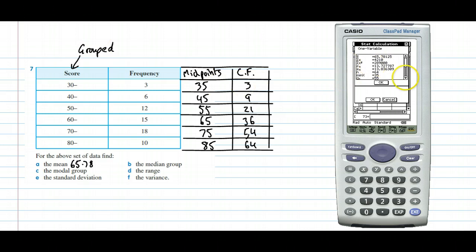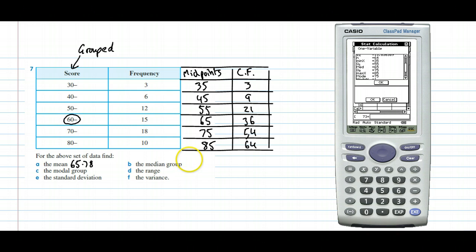If we go further down the list of statistics, we find that the median is the midpoint of 65. The calculator is actually saying the midpoint is 65, but we are not going to make that guess. We're going to limit ourselves to saying that the median group, which is what the question's asking for, is the group containing that midpoint 65.